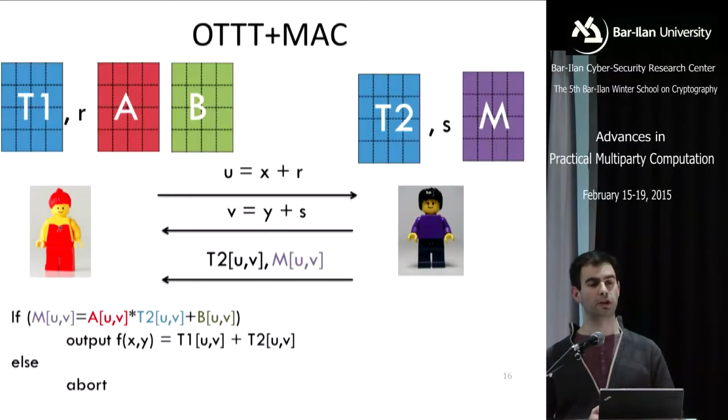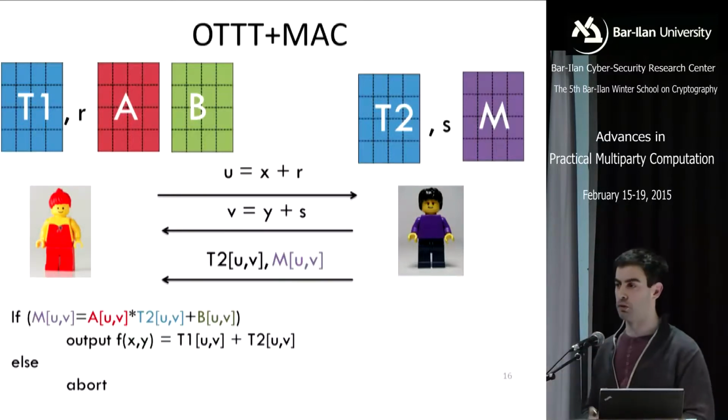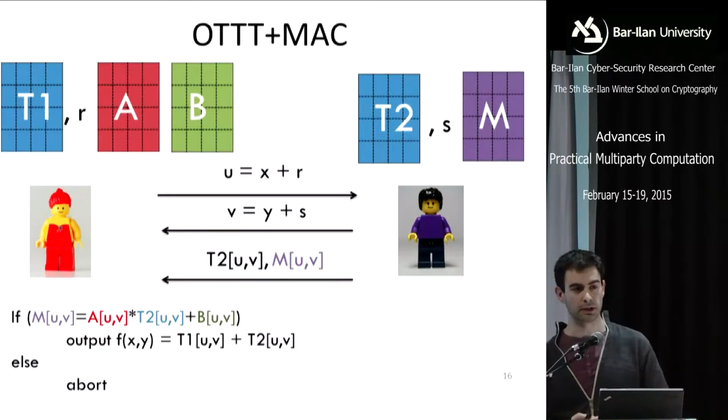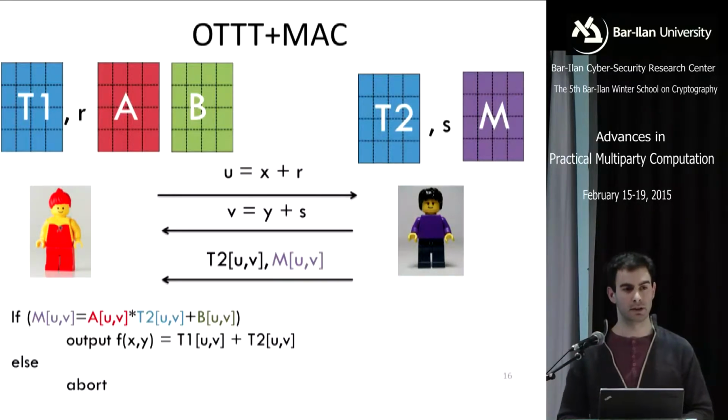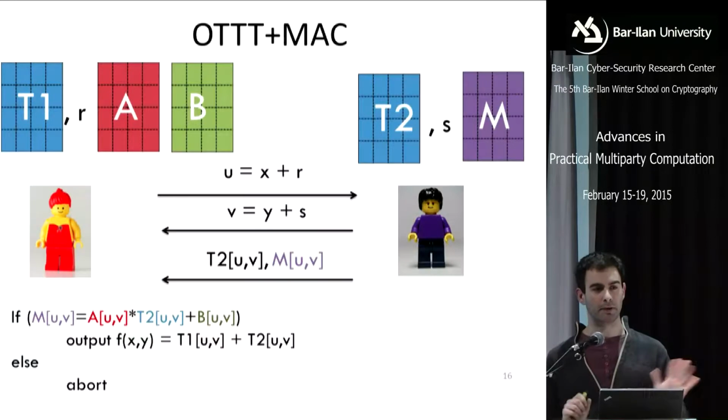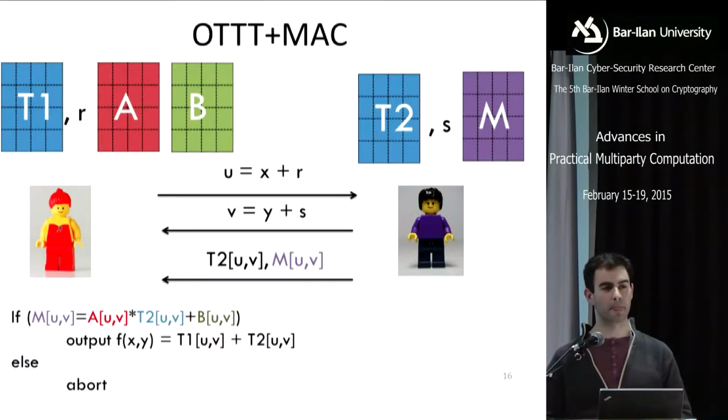I want to have information theoretic security. So Vadim's question was, can we use signatures? Of course we could use signatures, but we want to have information theoretic security. In this, we don't believe in cryptography for the first hour.